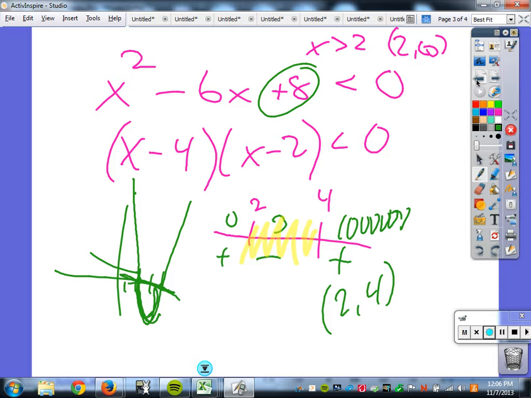The graph was just a visual representation. Notice looking here, Megan, we're looking for the graph less than 0. Here's 0 on the graph right there. Where's it less than? Here. And where's that in between? 2 and 4. Does that help you out more?